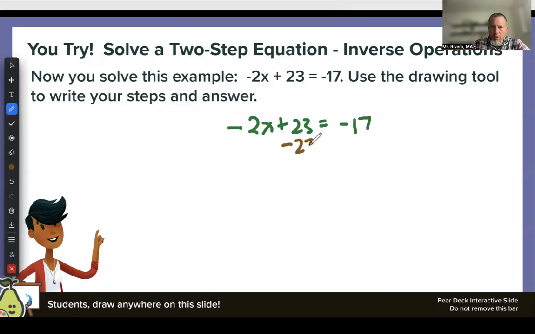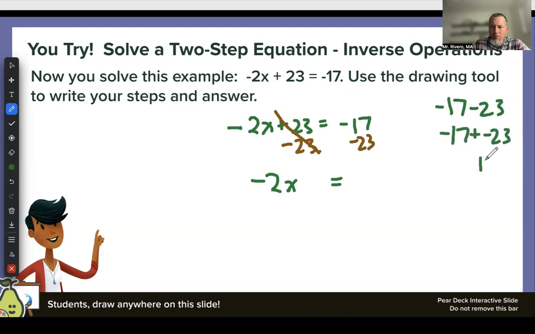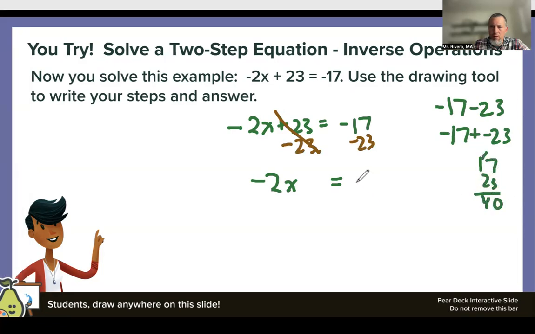So we subtract 23 from both sides. And then we get negative 2x equals, now negative 17 minus 23 is the same thing as negative 17 plus a negative 23. So it's basically adding those two, right? So 17 and 23 is 40. So it'd be negative 40.